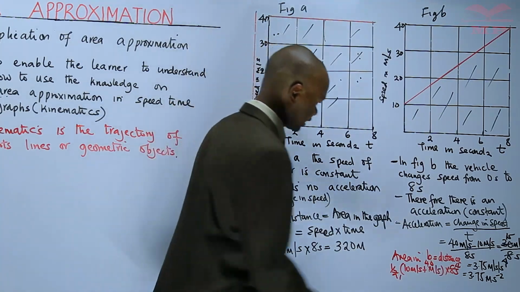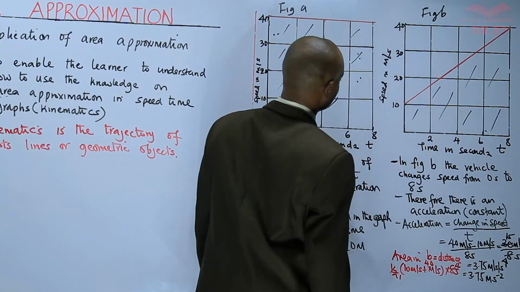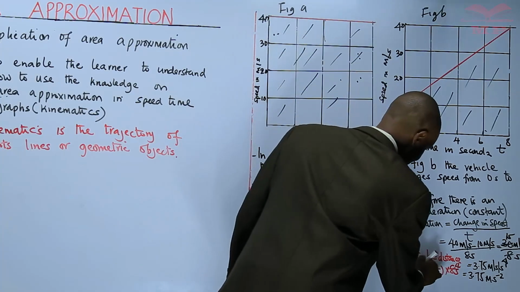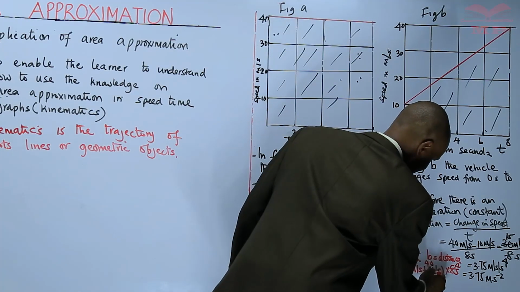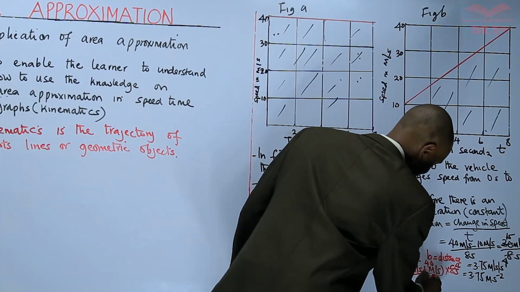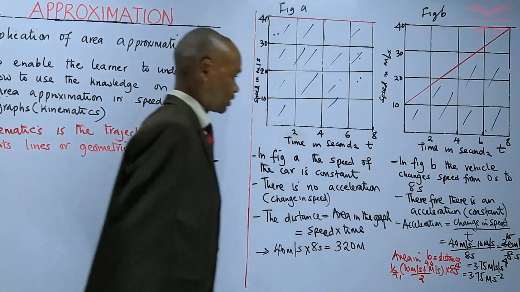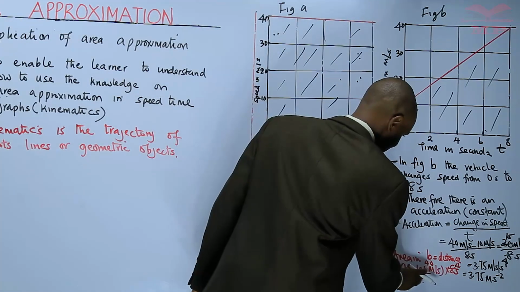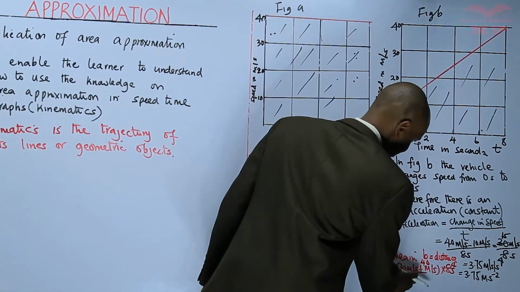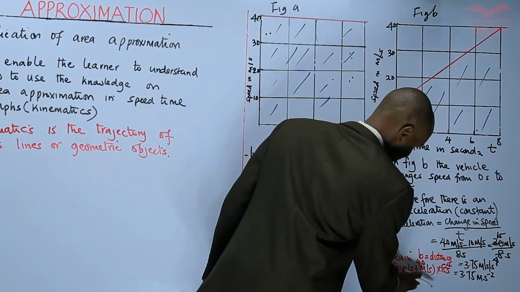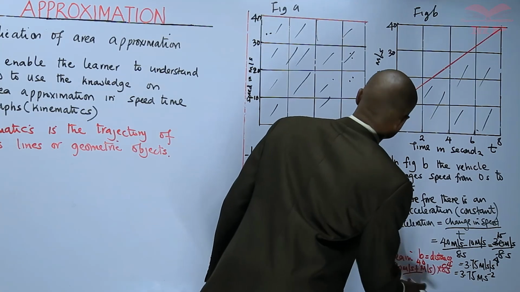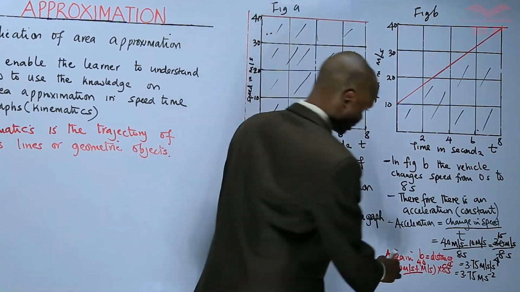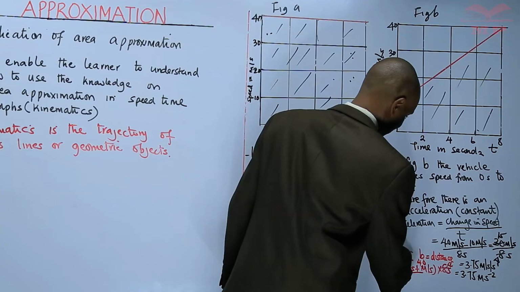So 10 plus 40, divide by 2, since it is a trapezium. So this was 10, and that is 40.